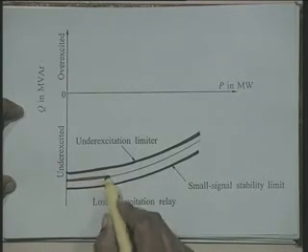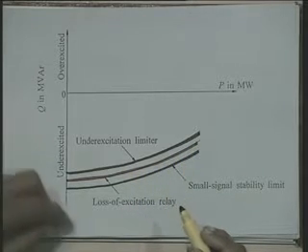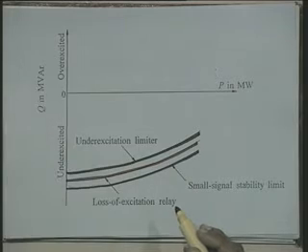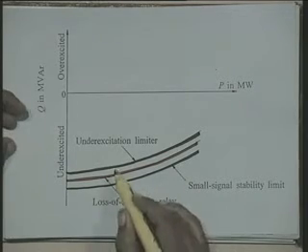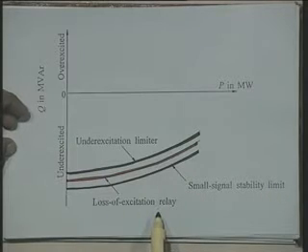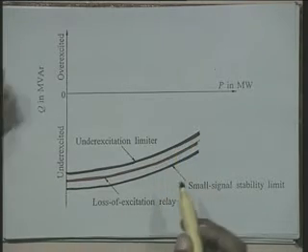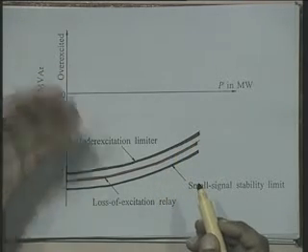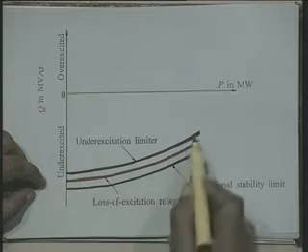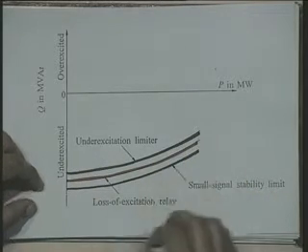Therefore, when you set the under excitation limiter settings, these have to be coordinated with respect to the small signal stability limit and loss of excitation relay characteristic. And we have to see at the same time that both these characteristics are outside the setting of the under excitation limiter. This margin whatsoever you provide is a safety margin.